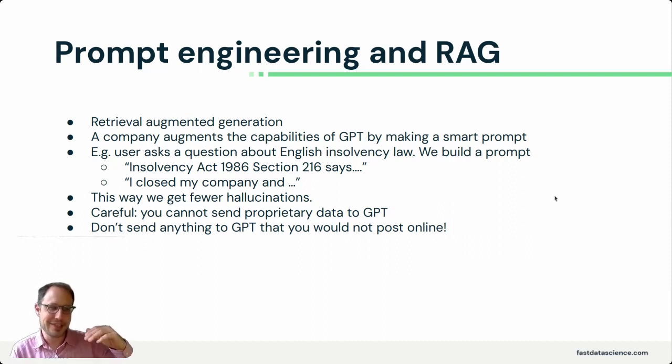Instead of just sending a user's query to GPT and getting a response that involves all kinds of different jurisdictions and non-professional advice, you can actually send the relevant snippets of insolvency law, and then append to the end of that message the user's original query.